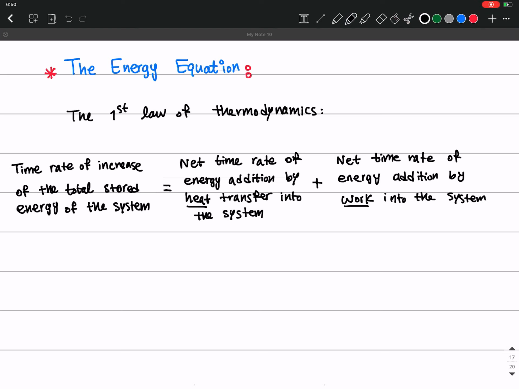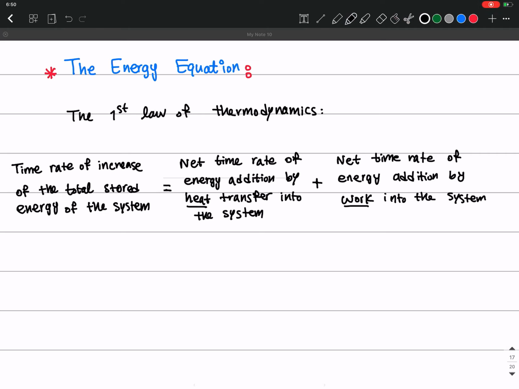So the total time rate of energy stored in the system equals the heat transfer plus the work that has been done on the system.